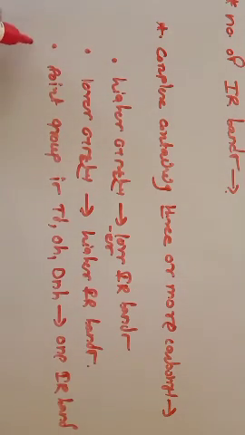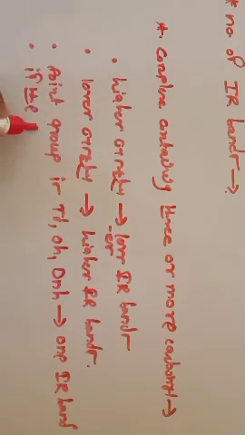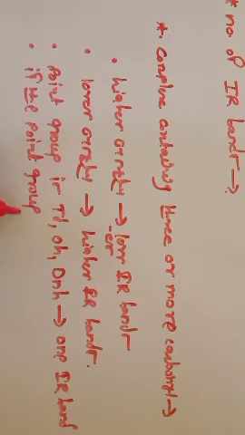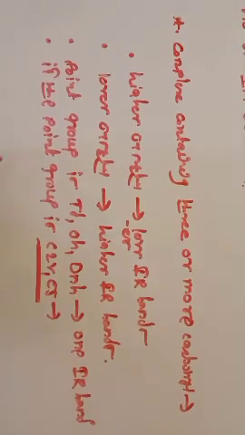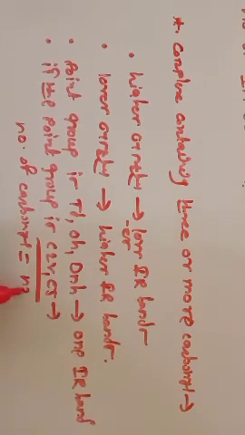Second, if the point group is C2v or Cs, then the number of IR bands is equal to the number of carbonyls. Whatever the number of carbonyls, we get that number of IR bands.